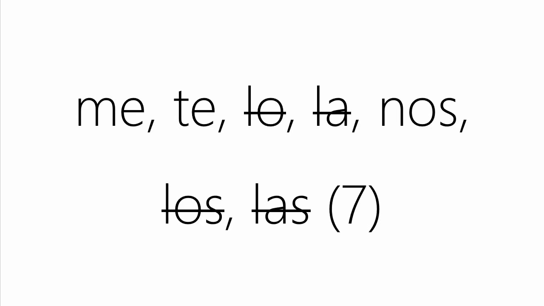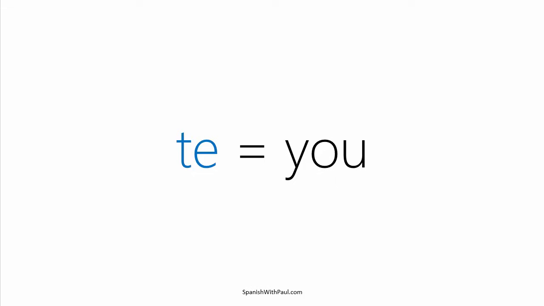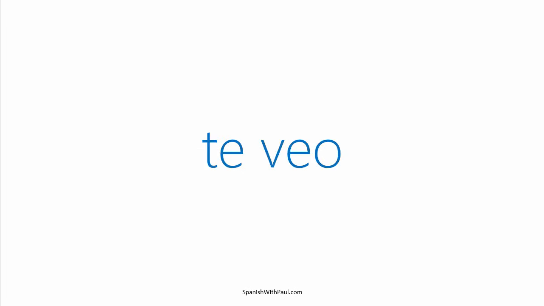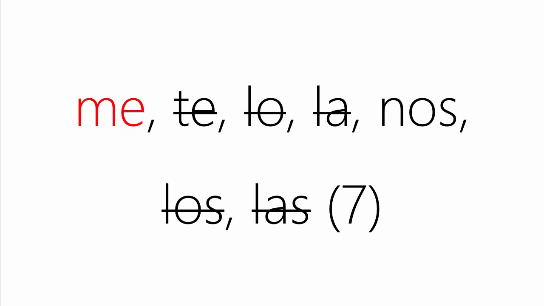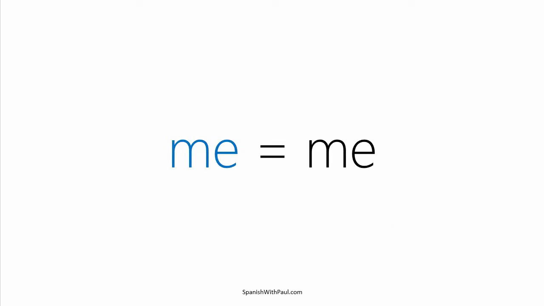Part 3. We've already gotten rid of lo, la, los, and las. So the next one we'll concentrate on is te. Now this means you. So if you wanted to express I see you, it would simply be te veo. The same thing happens for me, which simply means me. So let's change verbs so we can practice this.